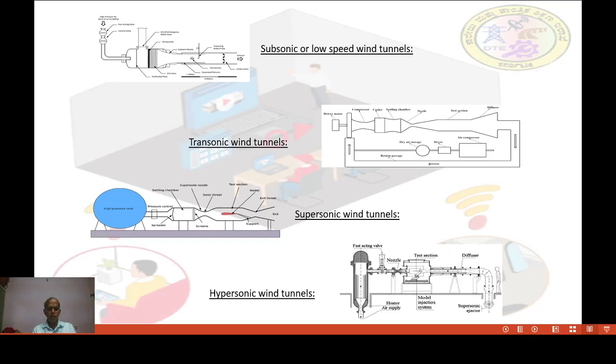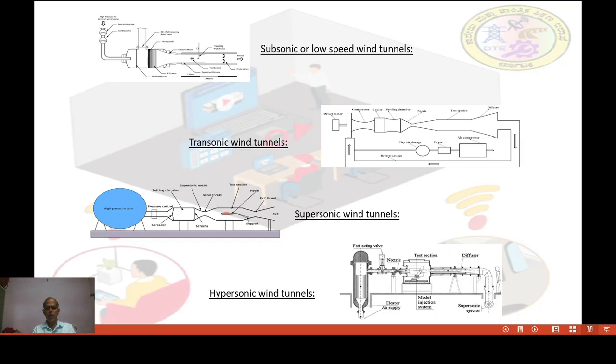Here the main parts: a high pressure tank is there, a big tank. The pressurized air will be stored in this tank, means when required you can use it, just like a water tank. Again the main parts: pressure control is there, a settling chamber is there, a supersonic nozzle is there, a sonic throat is there.